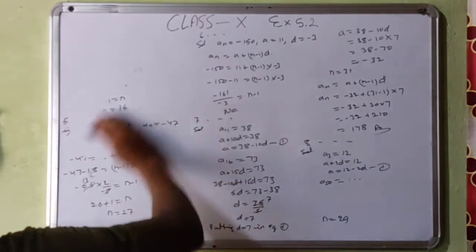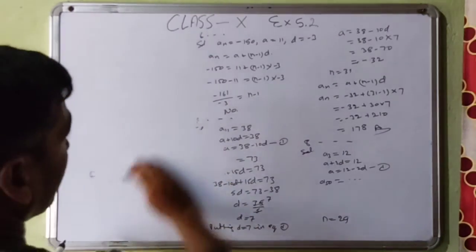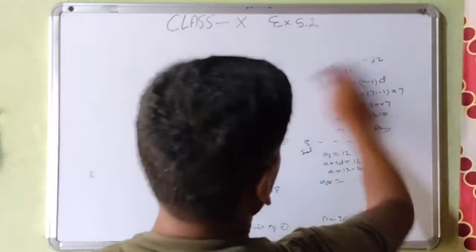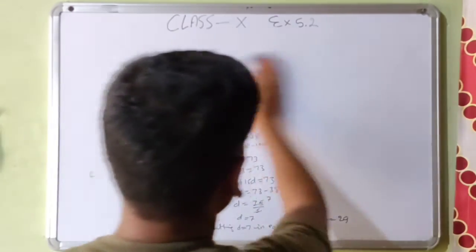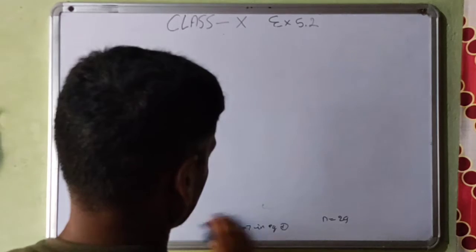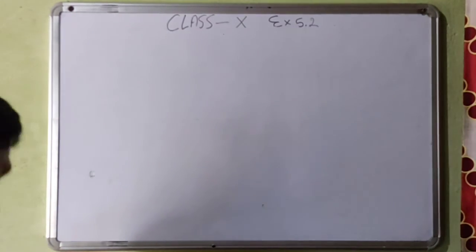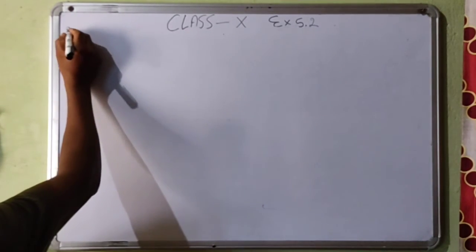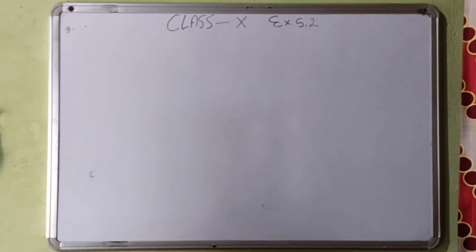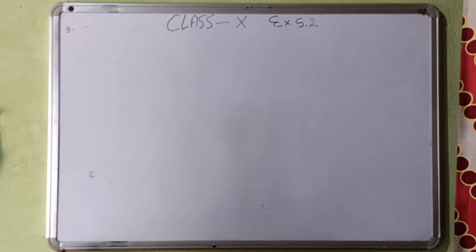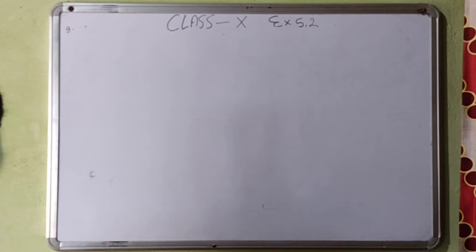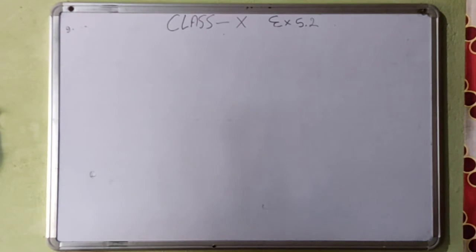Now we will see the ninth question. If the third term and ninth term of an AP are 4 and minus 8 respectively, which term of the AP is 0?